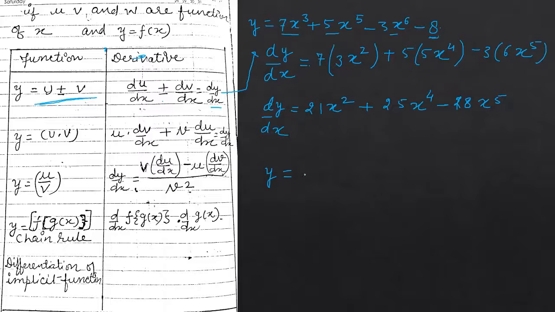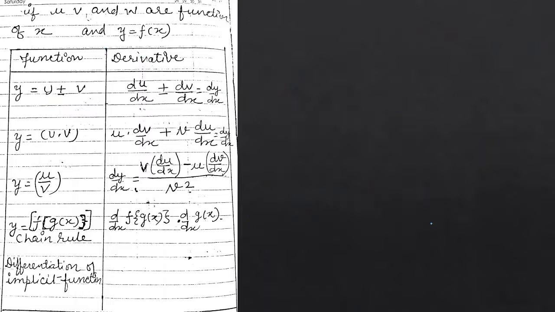If y is equals to log x plus 3 log x plus x square, so the dy by dx will be 1 upon x plus, because differentiation of log x is 1 upon x, 3 upon x plus 2x, right?